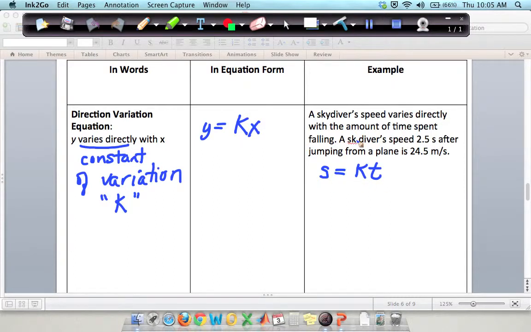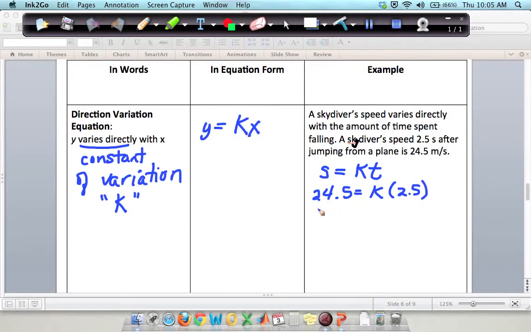Now it says a skydiver's speed 2.5 seconds after jumping from a plane is 24.5 meters per second. So for the speed, we're going to plug in 24.5. K is what I'm trying to find, knowing that it takes 2.5 seconds.